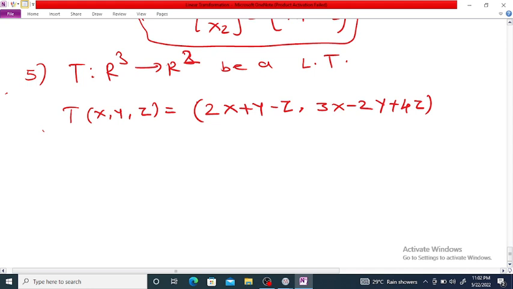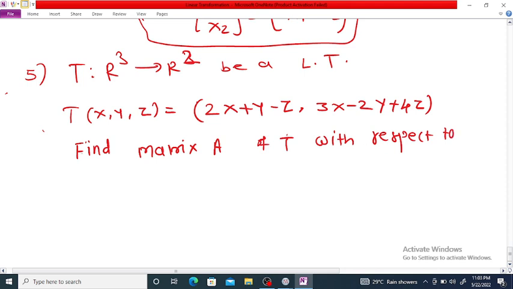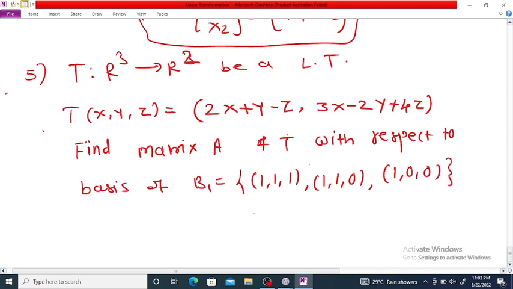Find a matrix A of T with respect to the bases B1, which is equal to (1 1 1), (1 1 0), and (1 0 0), and B2, which is (1 3) and (1 4), of R cube and R square respectively.